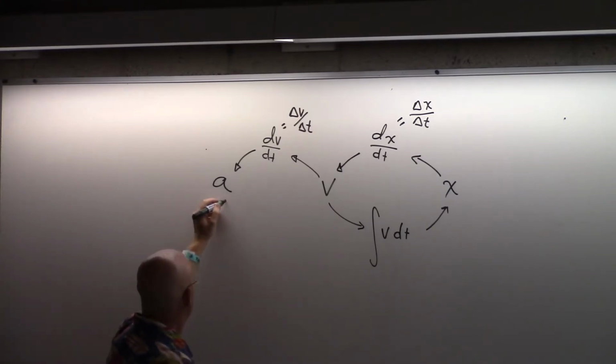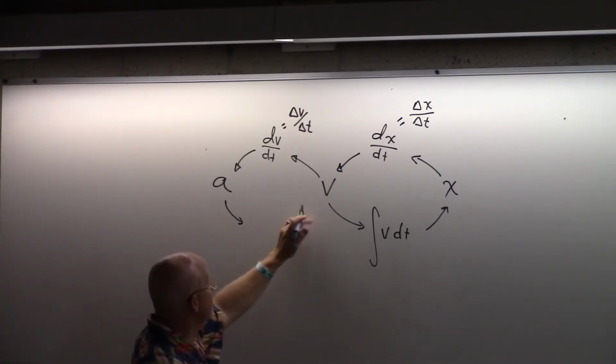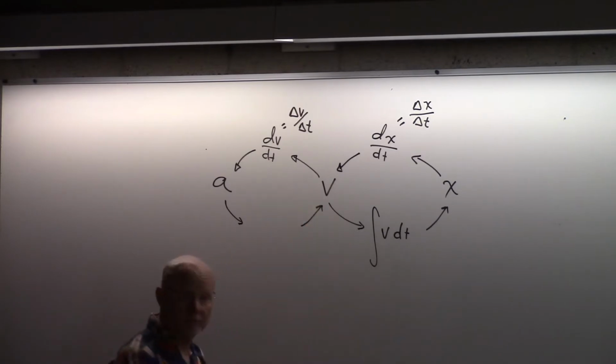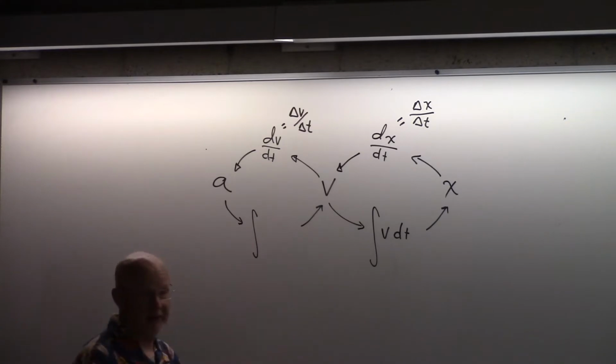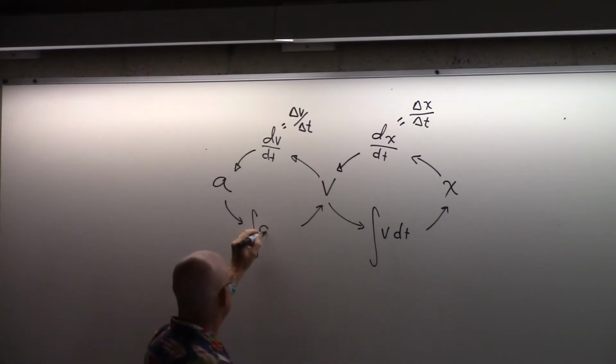And so how would I go from acceleration to velocity? Well, same thing. I would do this antiderivative. I'd do this integral, the integral of acceleration.